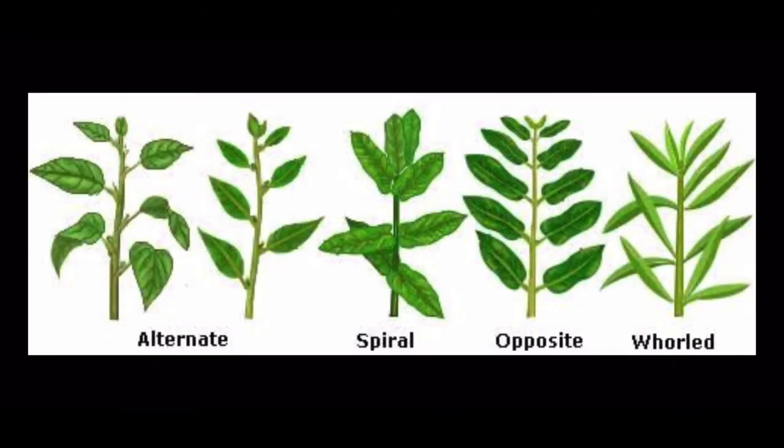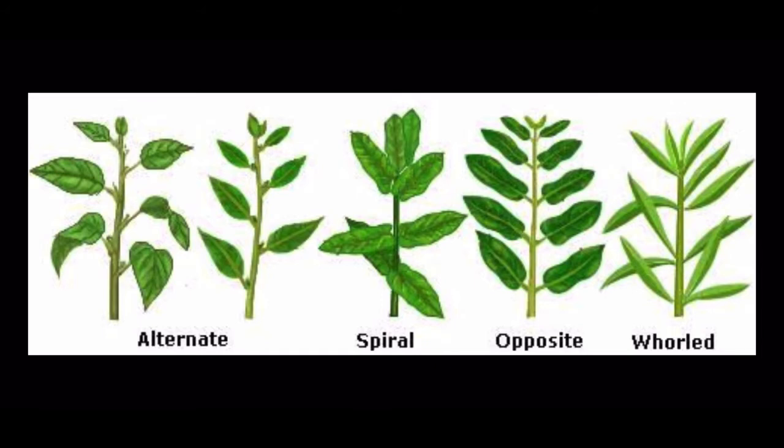Leaves have a definite pattern of attachment to the stem. Some leaves are arranged alternate to each other, one on the right side and another on the left. They arise from different nodes. In other plants, leaves are arranged opposite to each other.